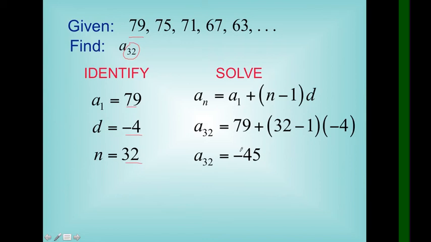So, negative 124 plus 79 is equal to negative 45. Our answer is negative because the biggest number has a negative sign, which is negative 124. So therefore, the 32nd number in this given sequence is equal to negative 45.